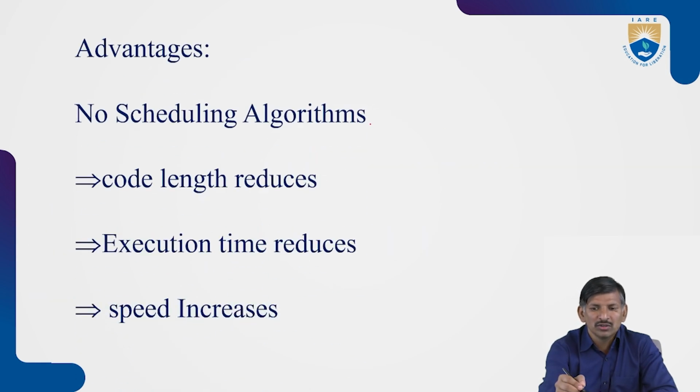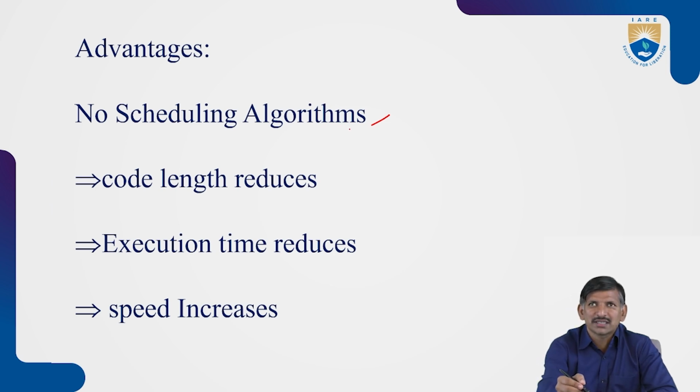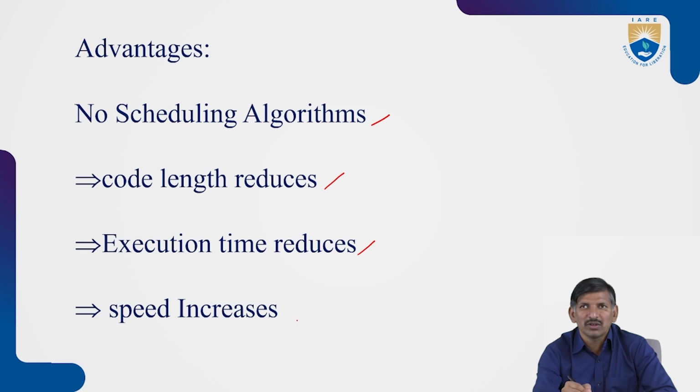So the advantage is no scheduling algorithms. Whatever instructions would be required for defining the scheduling algorithm are reduced here. Automatically, the code length reduces, execution time reduces, and speed increases.